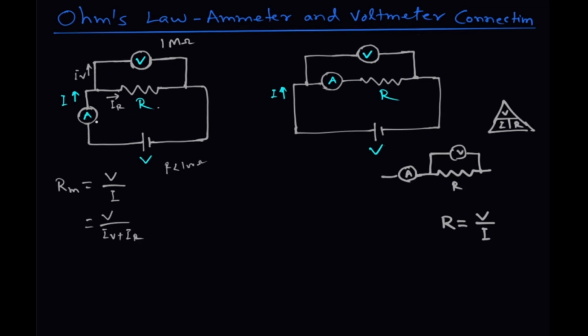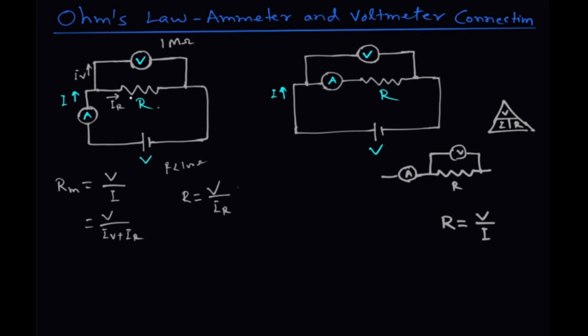This is the actual current the ammeter is measuring, but our actual resistance R is equal to the voltage across it, V, divided by I_R. This is the actual resistance, but we cannot measure this directly. We are measuring here. If we measure with the ammeter placed the other way, then it will be the other circuit, which we will discuss later.